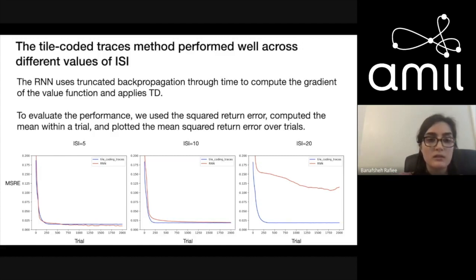And to evaluate the performance, we use the squared return error, which is the difference between the return and the prediction squared, and then computed the mean within a trial and plotted the mean squared return error over trials. And the results are for different values of ISI, 5, 10, and 20. And we can see that the tile-coded traces method performed well across different values of ISI, whereas the RNN's performance depended on the value of ISI.